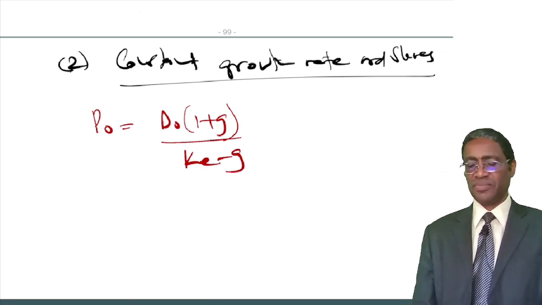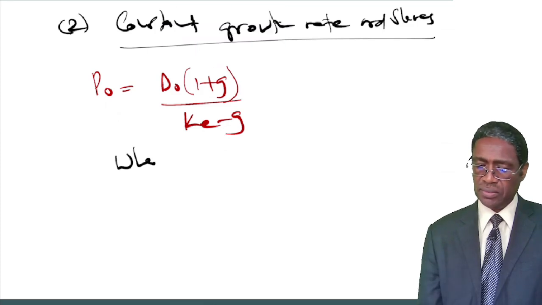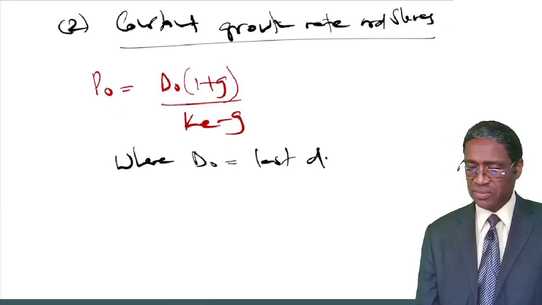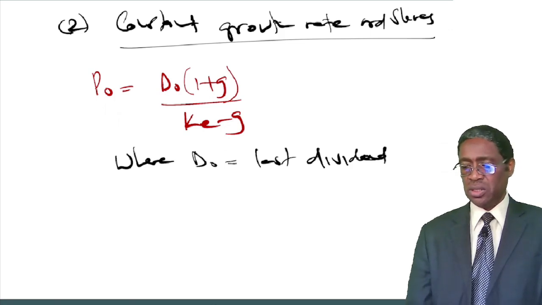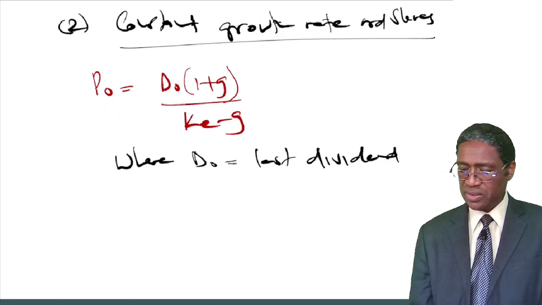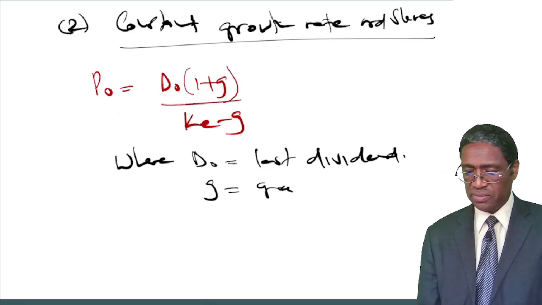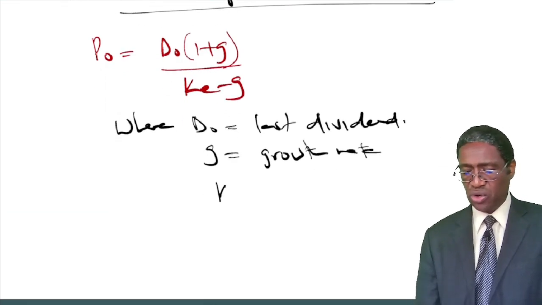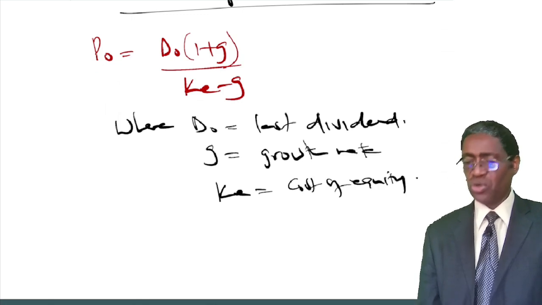Then below that you can say where D0 is the last dividend, the last dividend that was paid. g is the growth rate. KE is the cost of equity.